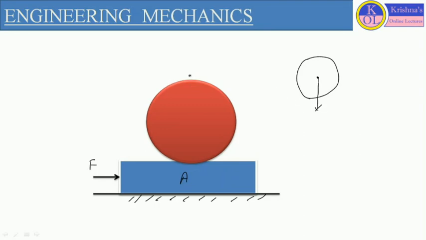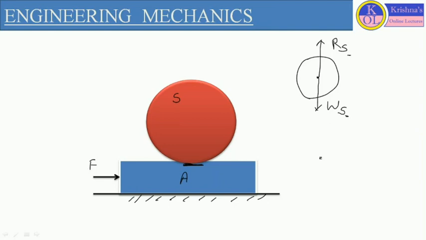So if we are considering the sphere, and for abbreviation we are considering S for the sphere, the weight of the sphere is represented by Ws, and it is in contact with this particular block or rectangular object. So this particular contact we will replace with the help of reaction. So reaction is always applicable in vertically upward direction, and it will be equivalent to the weight of the object. So here reaction will be Rs and weight will be Ws.